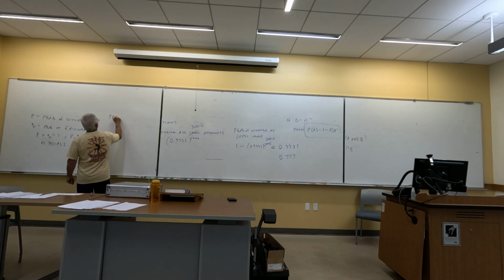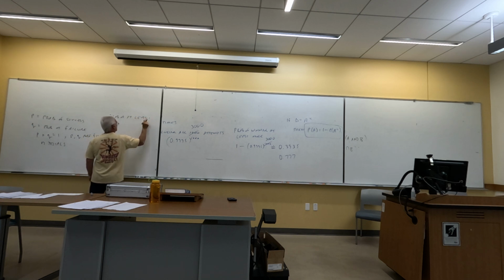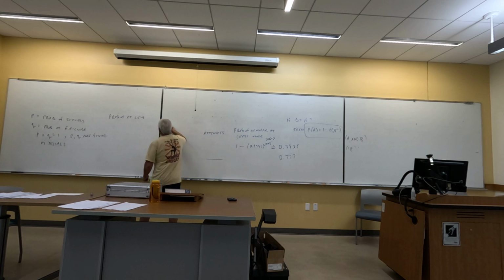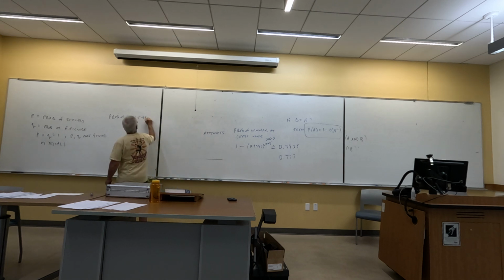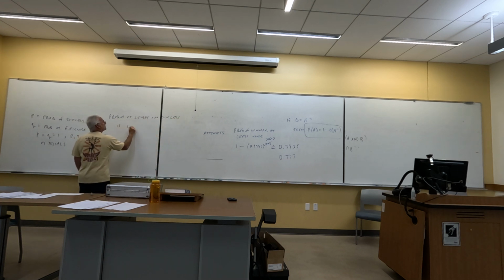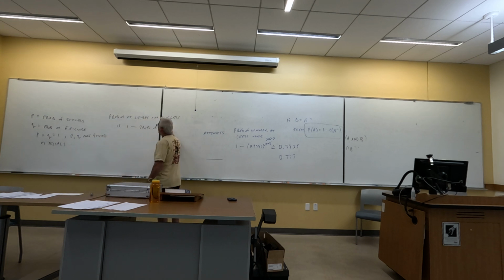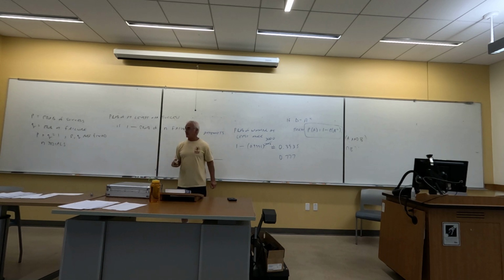Then the probability of at least one success is 1 minus the probability of what? Of N failures. Okay, does that make sense?